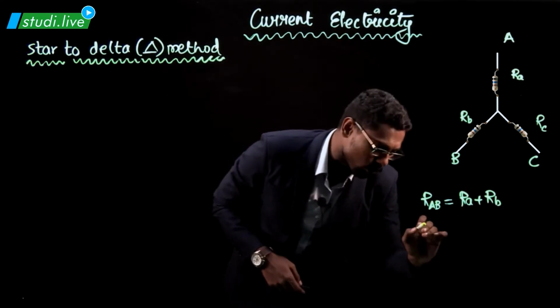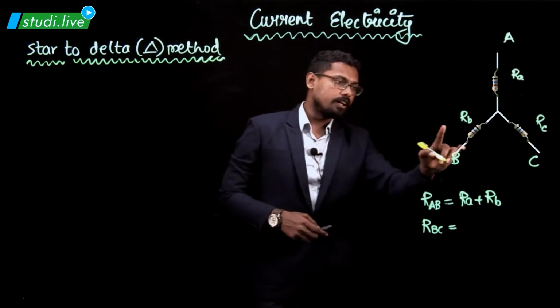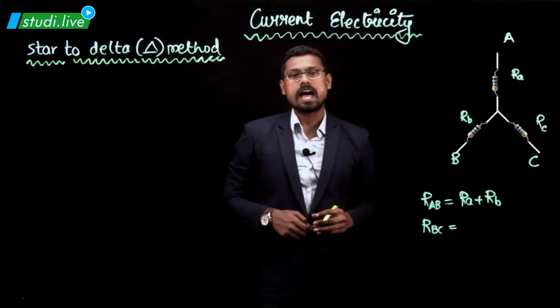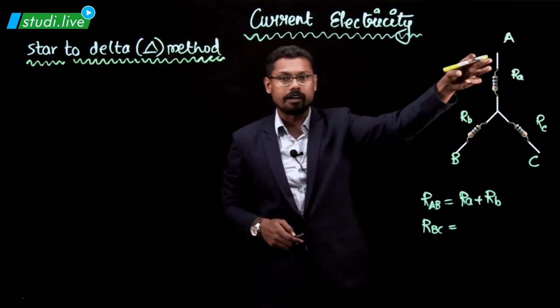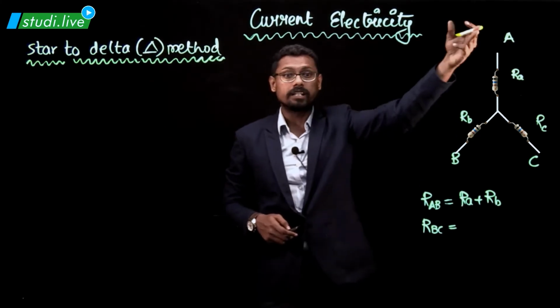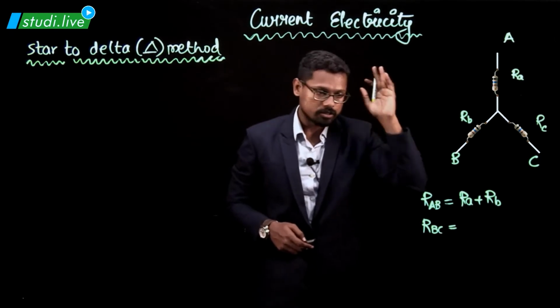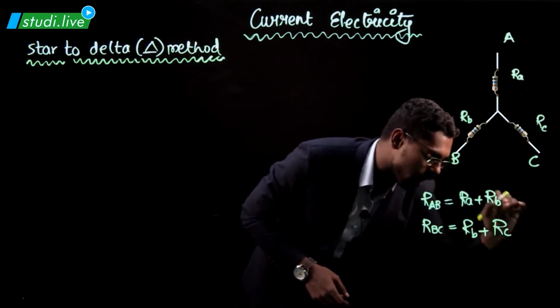What if I decide to calculate the resistance across BC? Resistance across the point B and the point C. How will I write it? I'll just add in series the values of RB and RC. I will neglect this RA, because it is an open connection. So let me just write it down. It's RB plus RC.